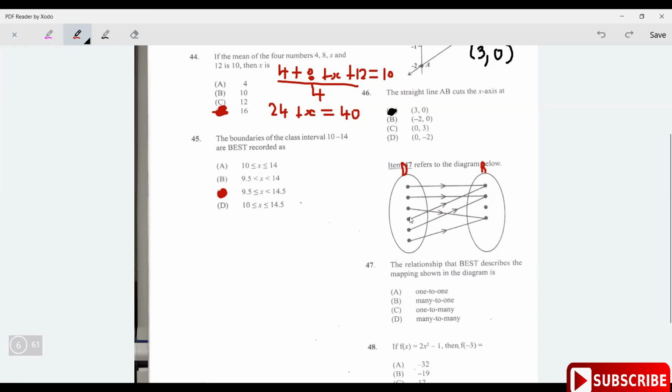So this person right here and this person right here, they're talking to this girl right here. So that's many to one, which is not right. It should be one to one to have an inverse, but we're not talking about inverse. But you can see this person right here is talking to the same girl right here. So that's many to one.